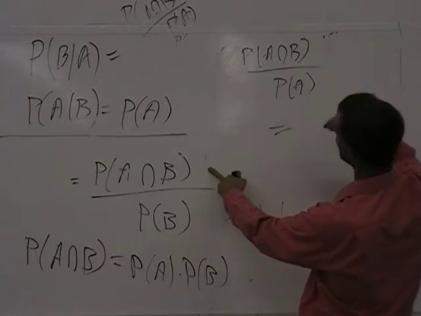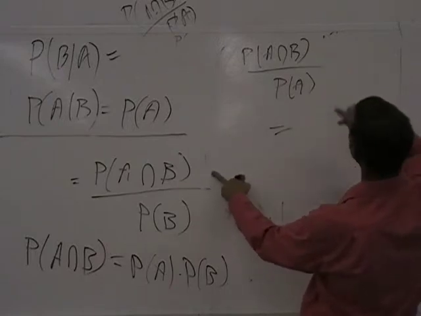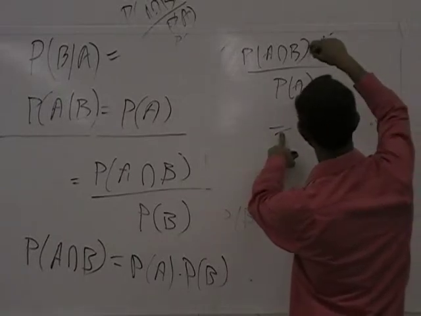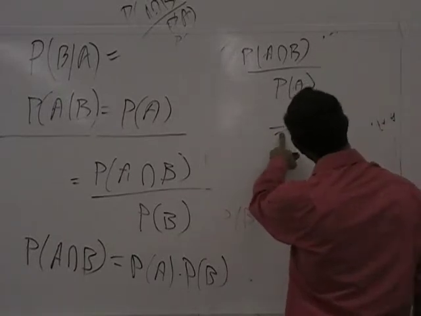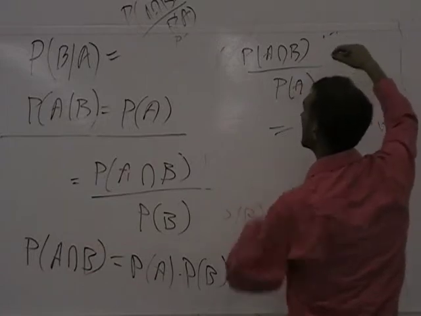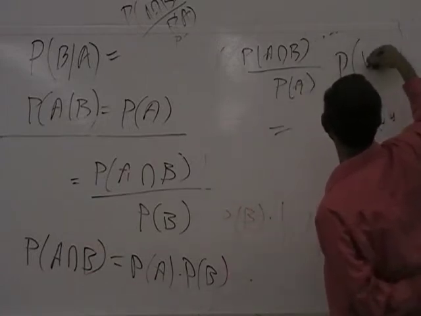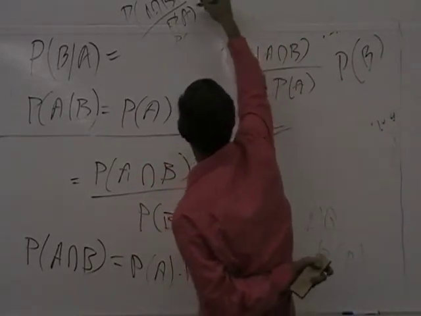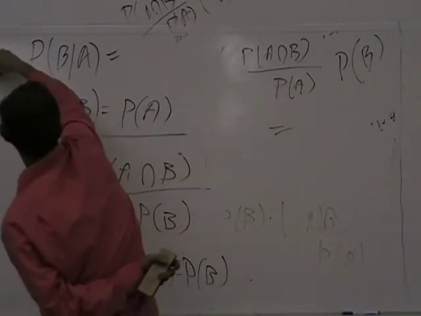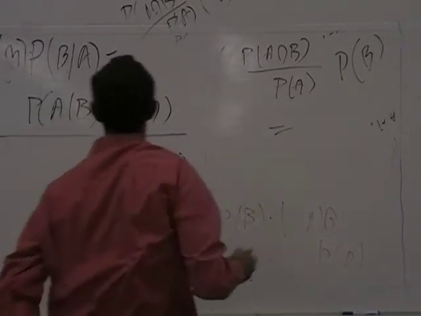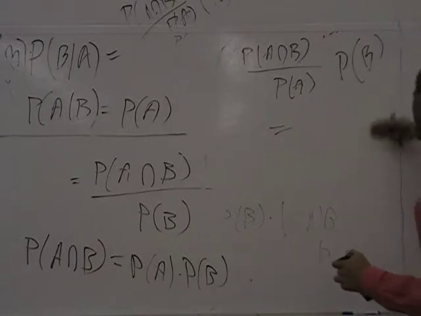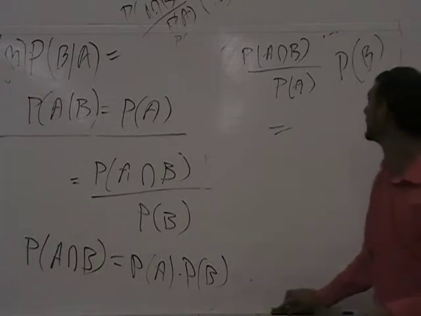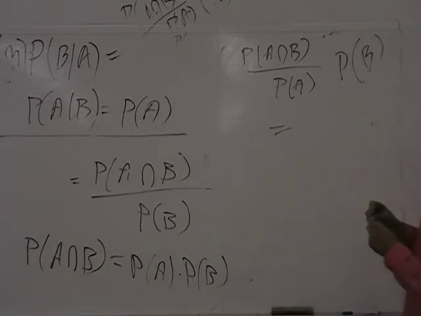So if I take this thing here, B, let's see, probability of B. If I was just a tiny little bit smarter, this would take less time.